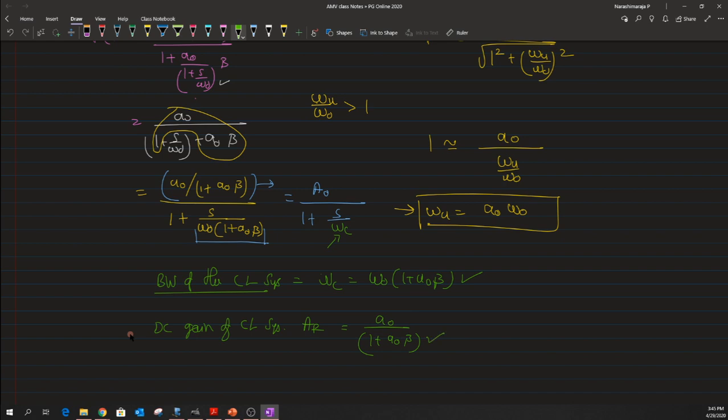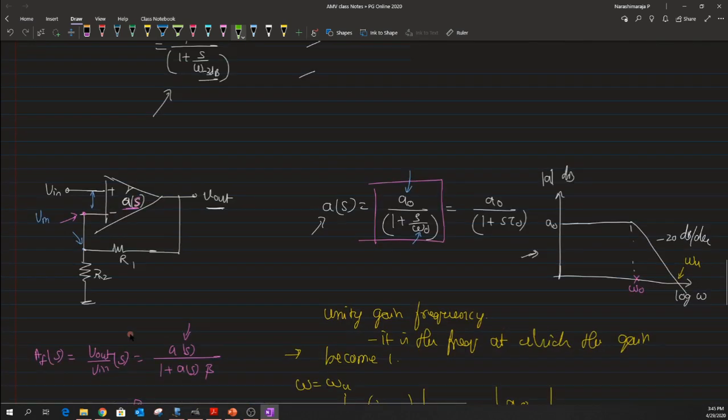Okay, so now let us try to use these data on this frequency plot, the frequency response plot for the magnitude.